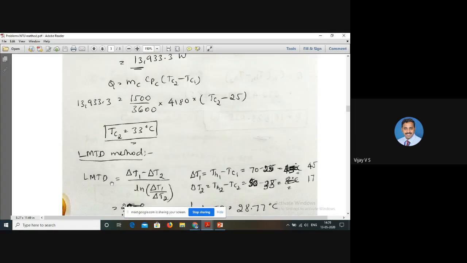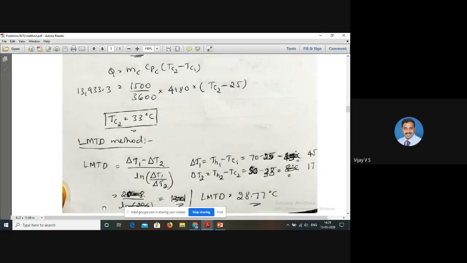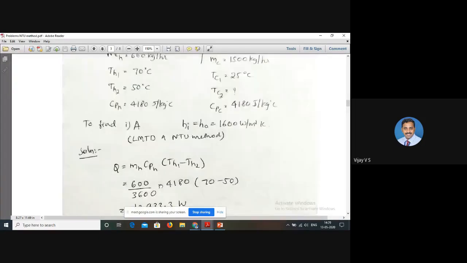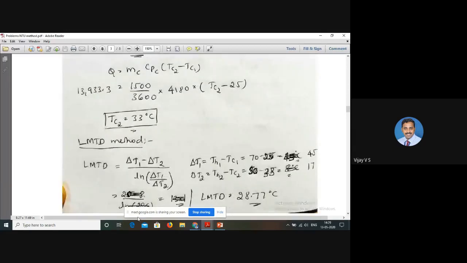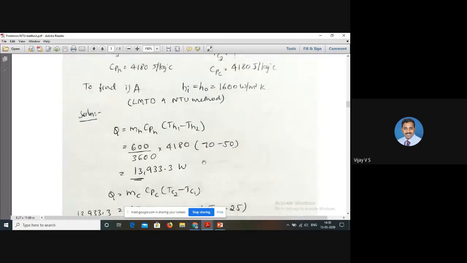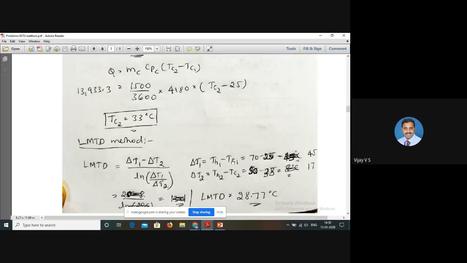Now I will find the LMTD. LMTD is delta T1 minus delta T2 by ln of delta T1 by delta T2. This is a parallel flow heat exchanger, right? So for a parallel flow heat exchanger, delta T1 is given by TH1 minus TC1. TH1 is 70, TC1 is 25.